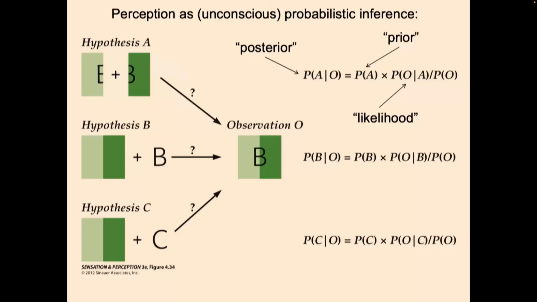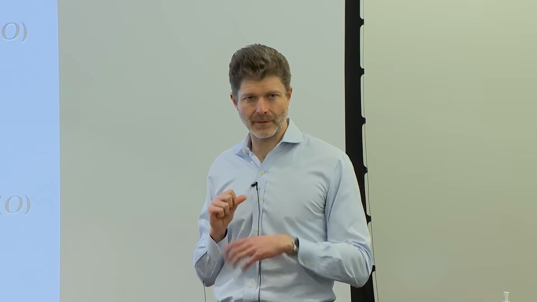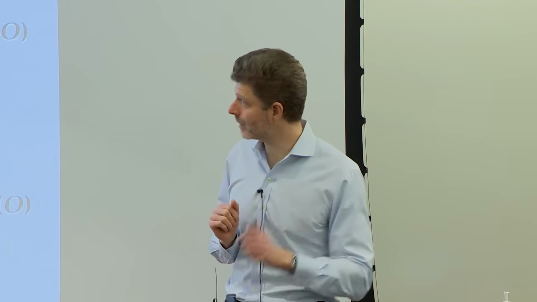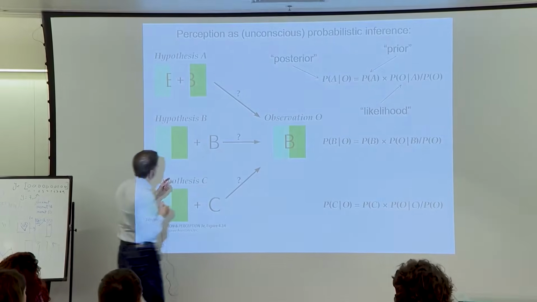So here's the setting, right? When we're perceiving something, there is an observation, which is the sensory data that we receive, right? In this case, this is an image. Okay? It could be a sound. So that's the image. There is a set of possible hypotheses for what could have happened in the world to cause the image. Okay? So hypothesis A is that there are these two objects in the world.